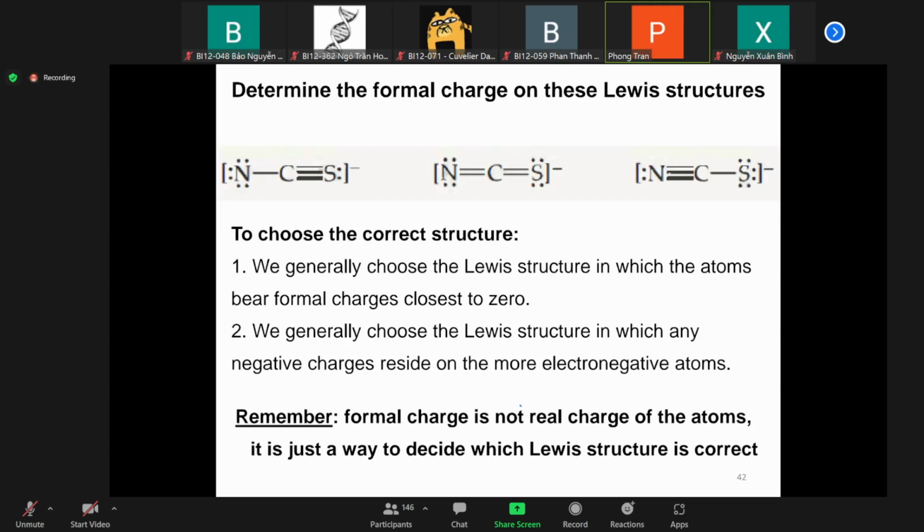First, we choose a Lewis structure in which the atoms have formal charge closer to 0. Second, when you have a negative charge on one atom, it's better to put the negative charge on the atom which has higher electronegativity. Okay.